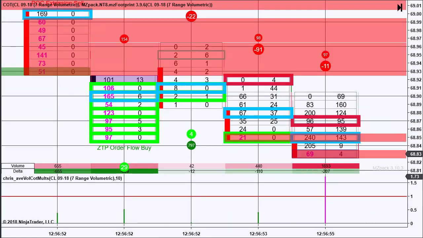On the way down, there was one interesting ZTP order flow buy. And what makes it interesting is that you can see the extremely heavy selling going on first in the previous bar and then in this bar. And as soon as that computer stopped selling, there was only probably 20 contracts that took the market higher almost 12 ticks.